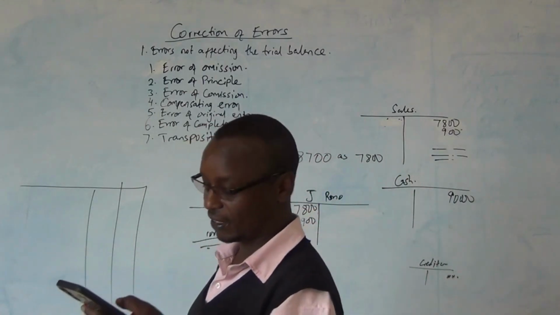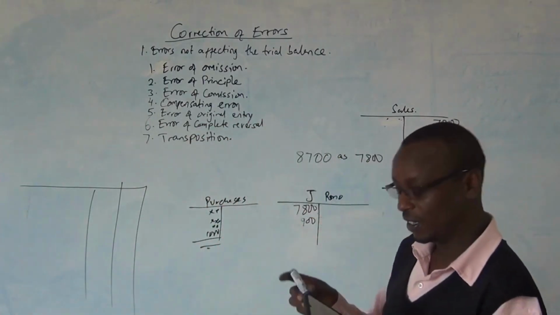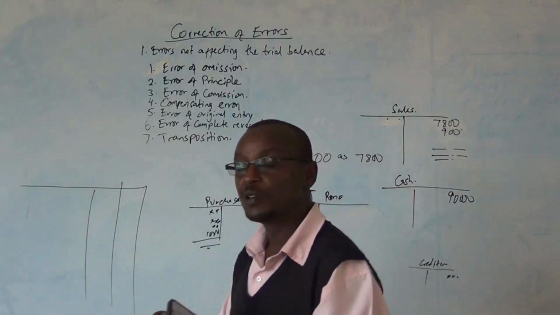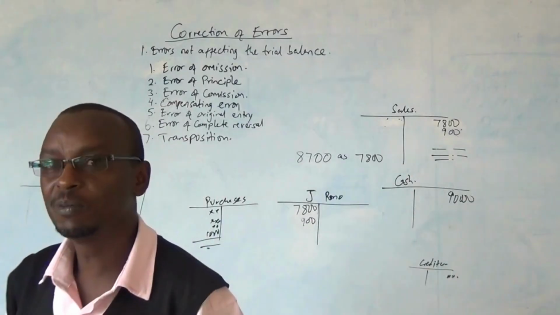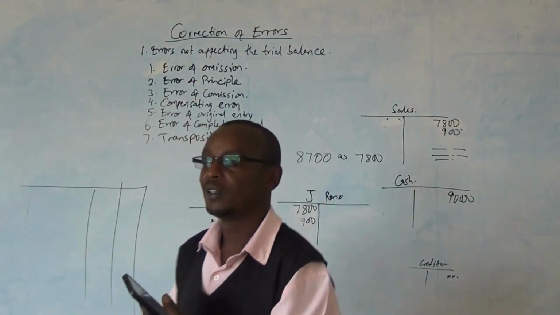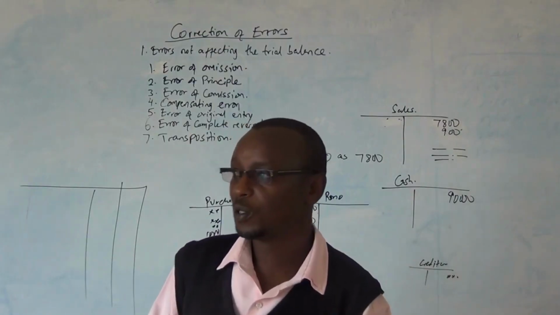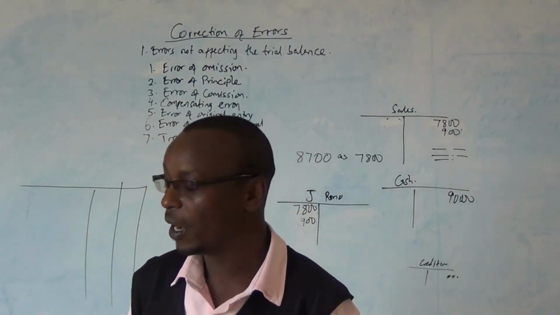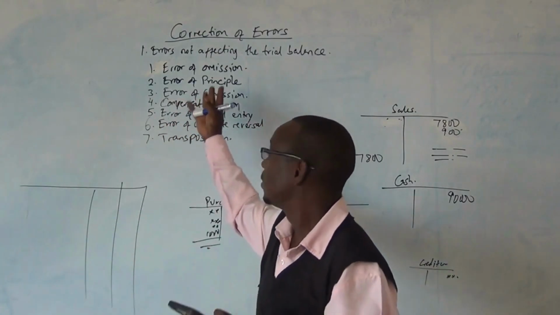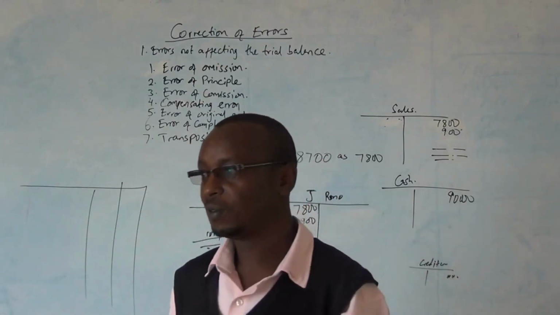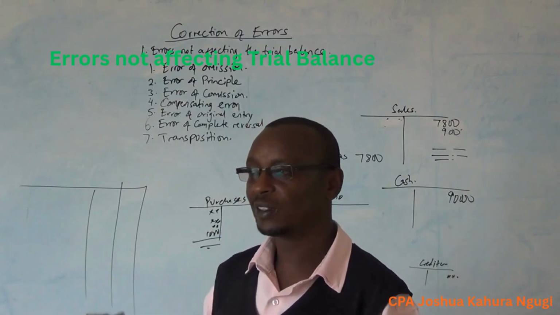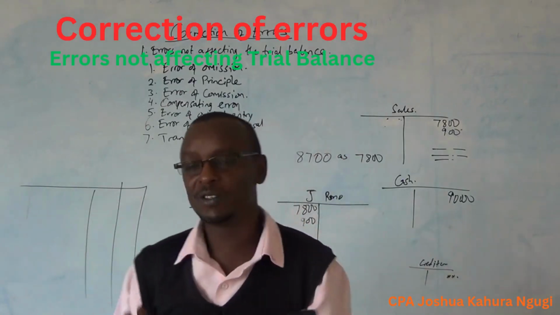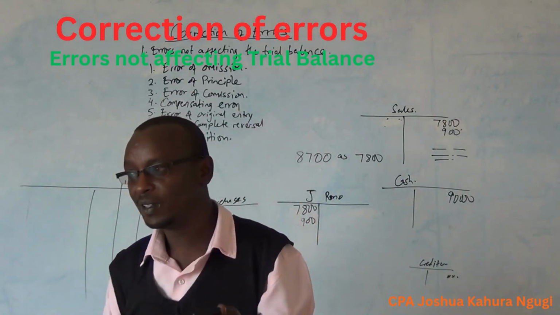So those are the errors that do not affect the trial balance. So normally, this question comes in Kasnet questions, and it is mostly theory. They explain the errors, or maybe everything you have just explained. Okay? Yeah.